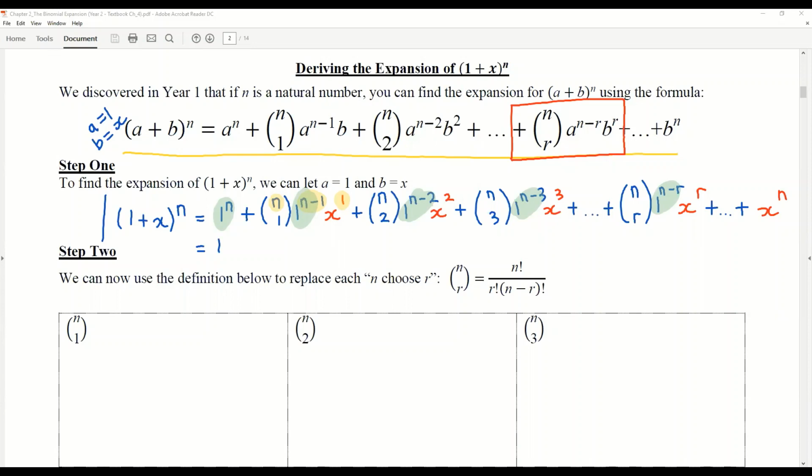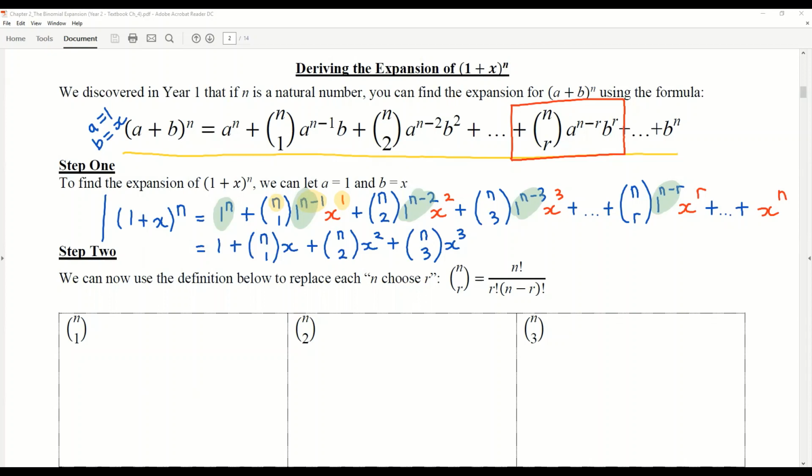going to be left with 1 add n choose 1 x add n choose 2 x squared add n choose 3 x cubed. So we can see clearly we've got a much more simple pattern.